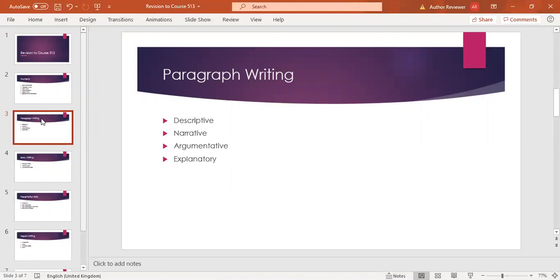Then we discussed the narrative paragraph, and after narration we also discussed the argumentative paragraph together with the explanatory paragraph. During our discussion, we also compared and contrasted how a narrative paragraph is different from a descriptive one, and how argumentative is different from the other types, and explanatory as well.